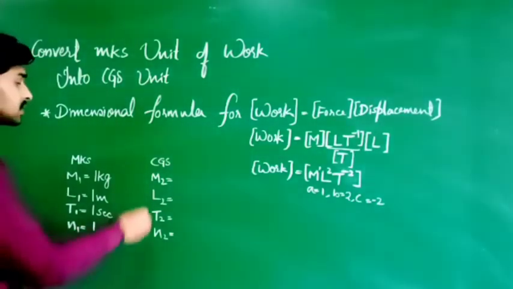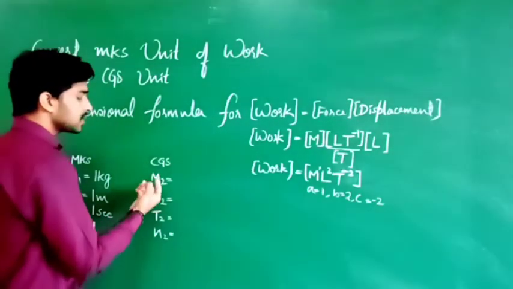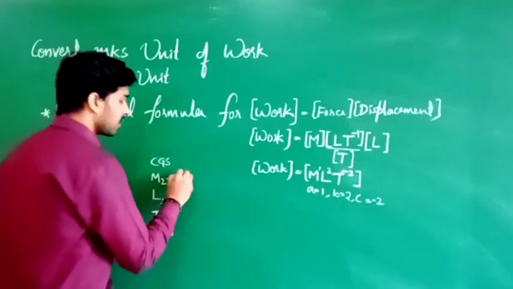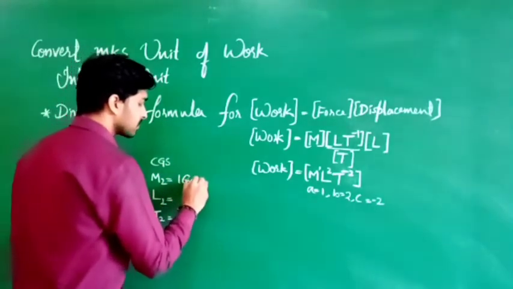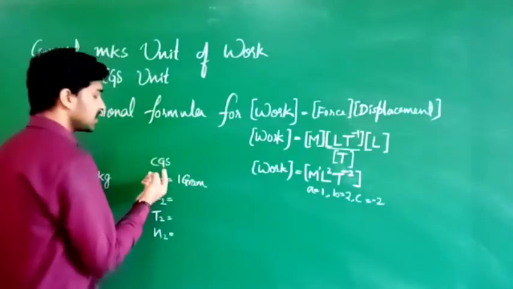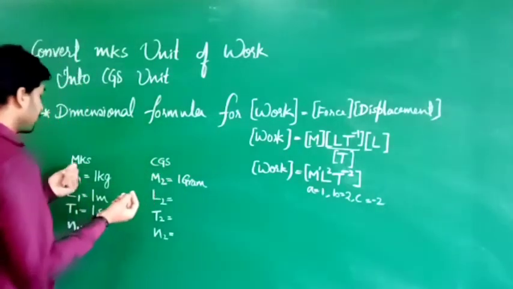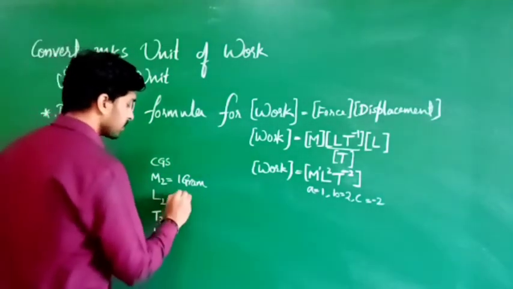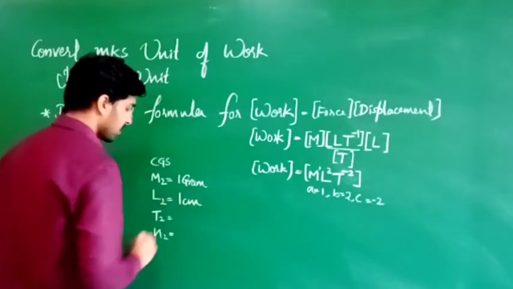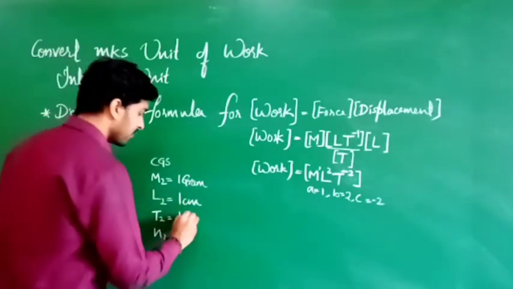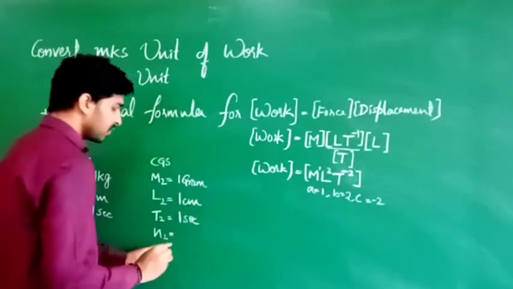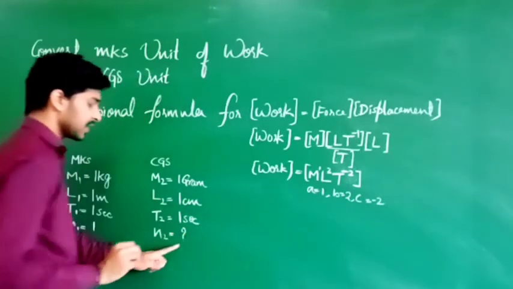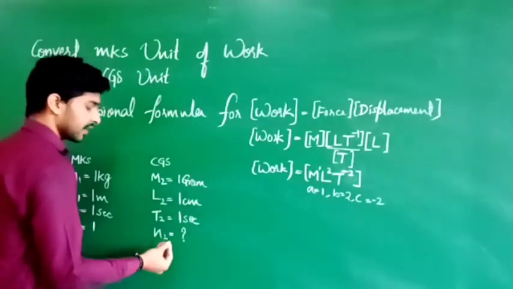Clear? Next, M2 value here, mass in CGS units, what is that? 1 gram. Clear? CGS is centimeter gram second, MKS is meter kilogram second, correct? So 1 gram, L2 is 1 centimeter, T2 again 1 second. Next, N2 we want, that's why we treat it as a question mark. This we are finding, N2.